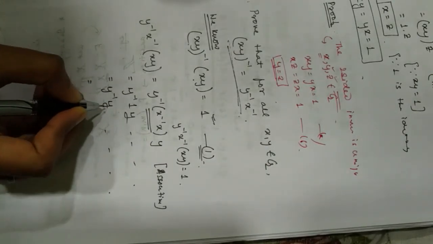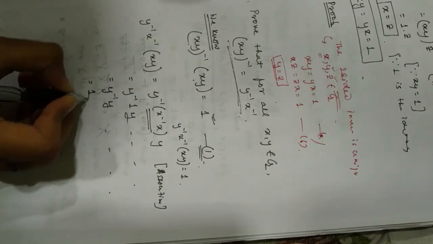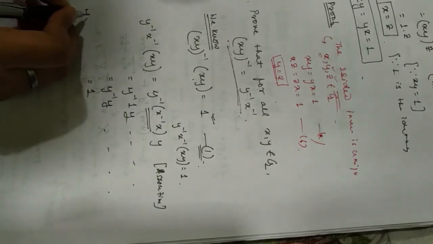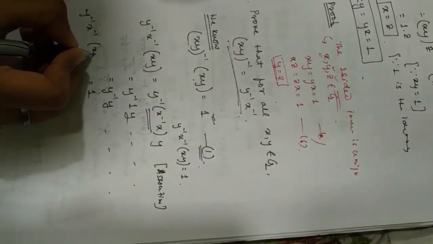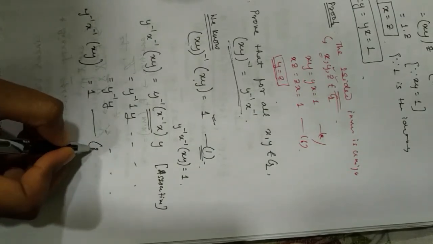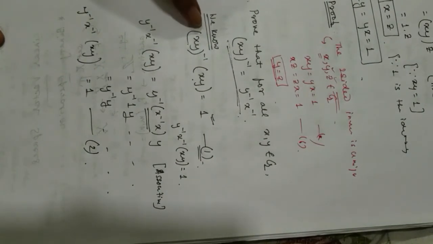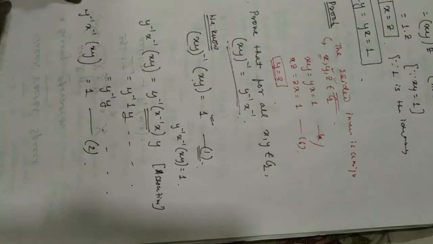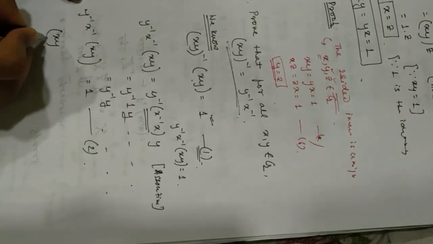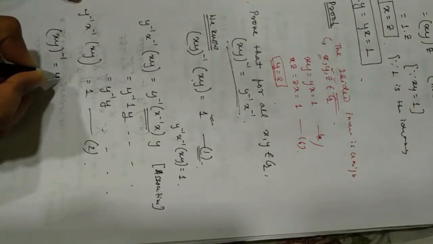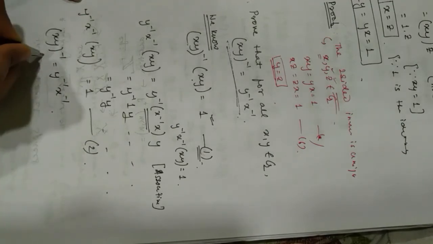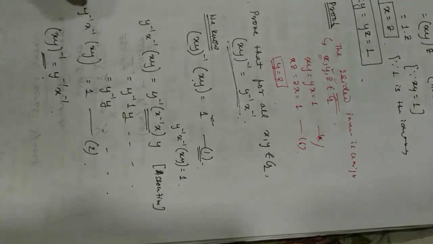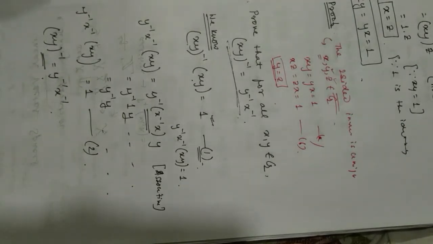Again, this is nothing but the inverse operation. This will finally give me 1. That means y bar x bar xy is equal to 1. So now if we compare equation 1 and equation 2, we can conclude (xy) inverse is equal to y inverse x inverse, right?